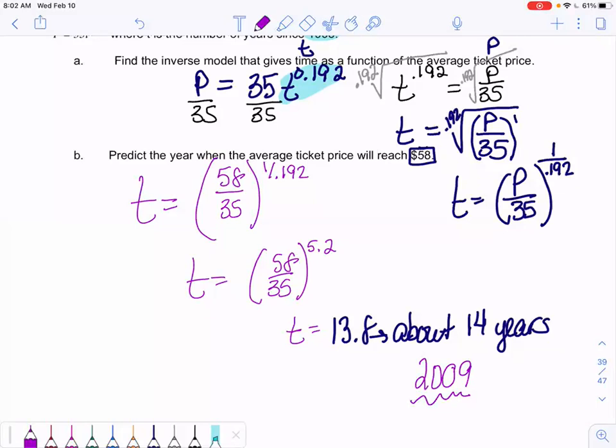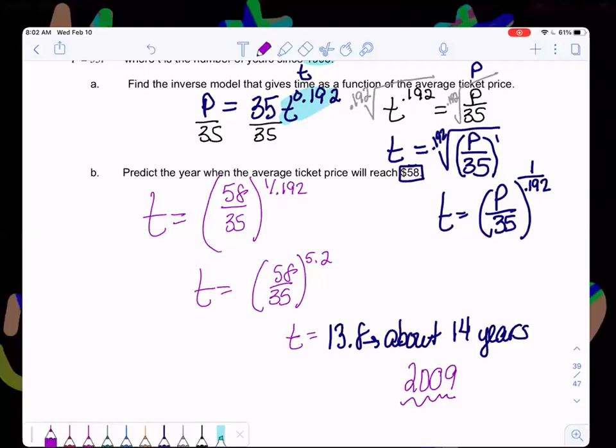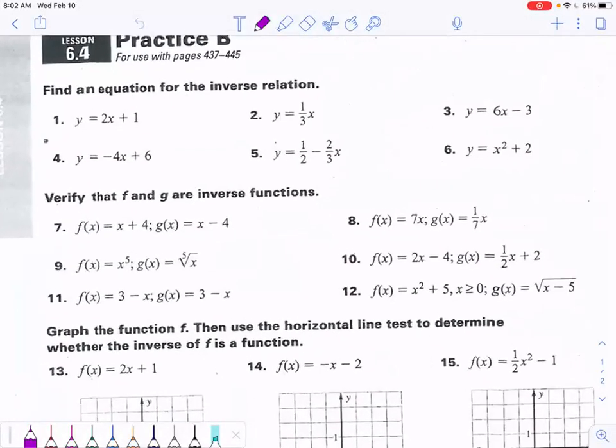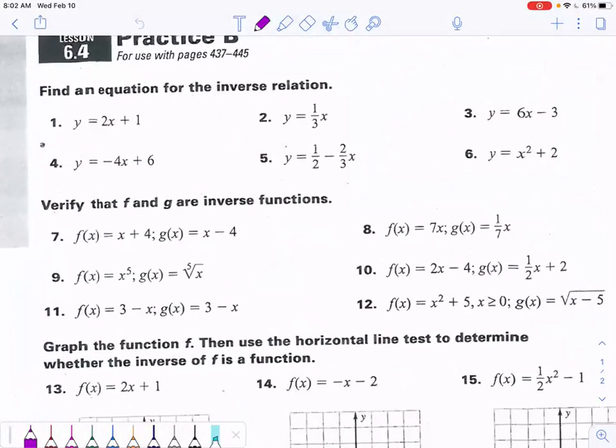So your homework tonight is a worksheet. Just want to show it to you so you kind of see what you're doing. The first group of problems, you're just finding the inverse relation. The second group of problems you're verifying, and that verifying is f of g of x and g of f of x.